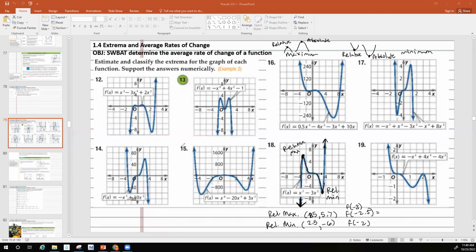Actually, try this one. It's kind of messy. I don't know why they wrote it like that.